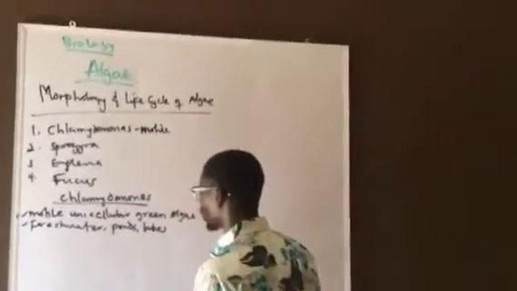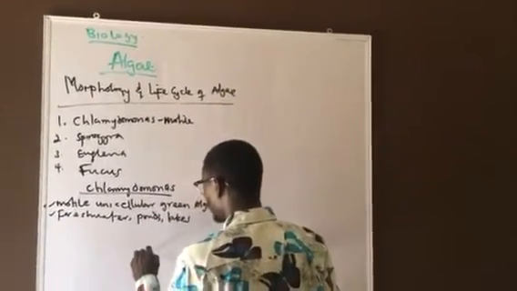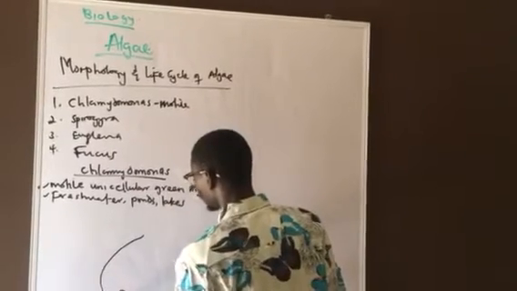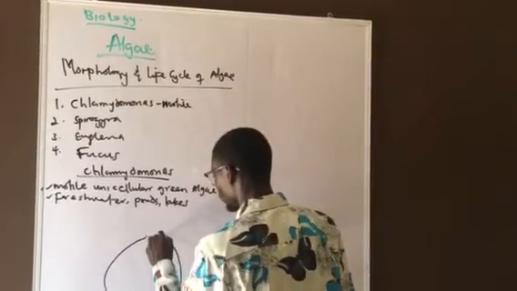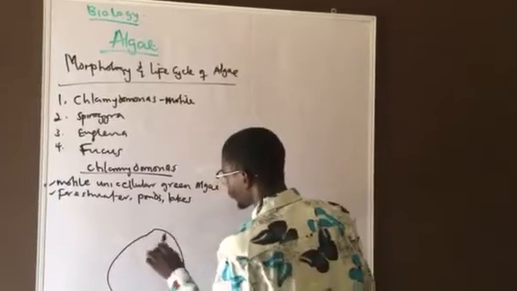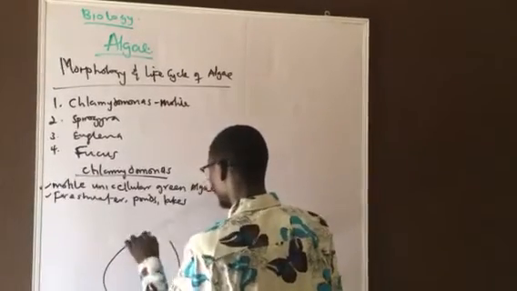Then Chlamydomonas structure is spherical. Let's draw the structure of Chlamydomonas. So we have something like this.